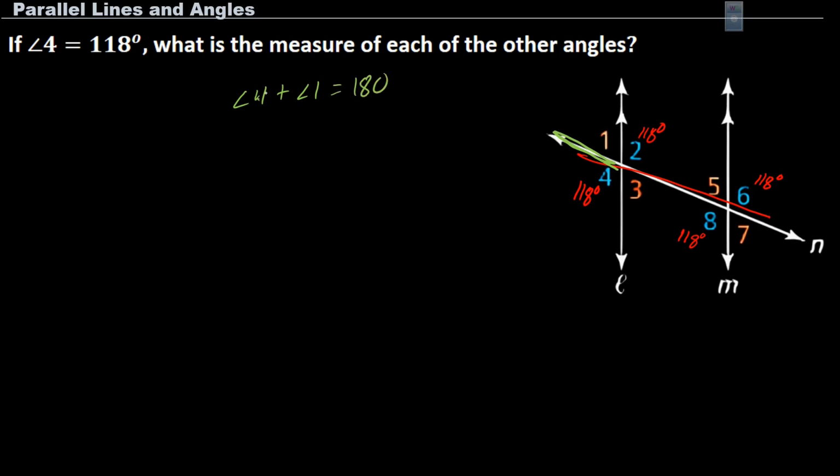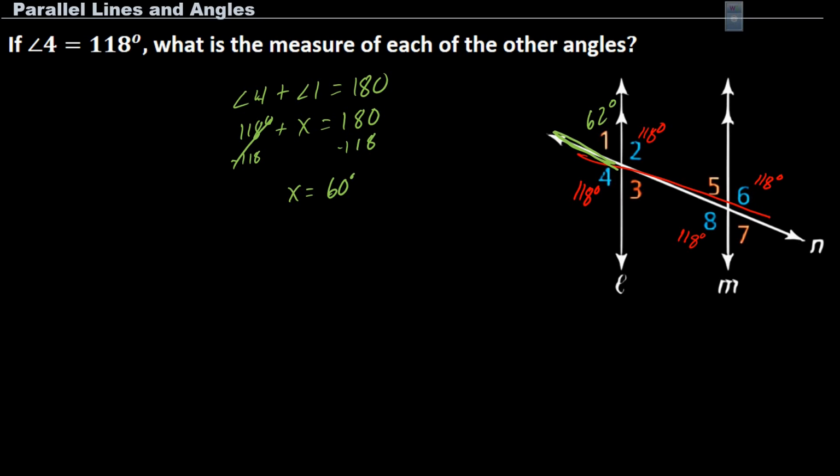And because we know that angle 4 is 118 degrees, we'll call angle 1 x, and that allows us to solve for the value of angle 1. So if we subtract 118 off to the other side, that tells us that x is 62 degrees. So angle 1 is 62 degrees.